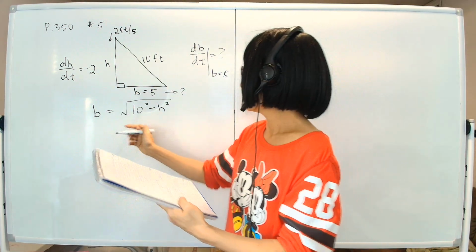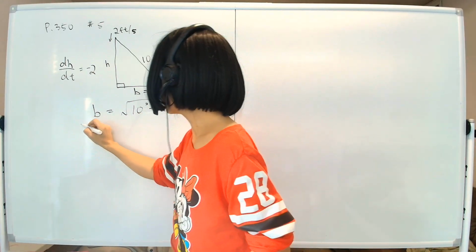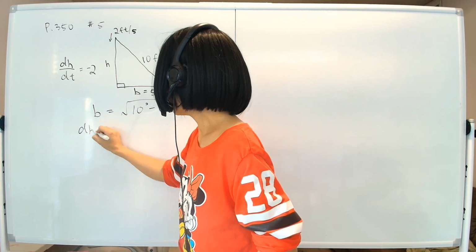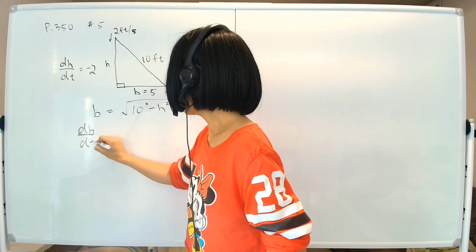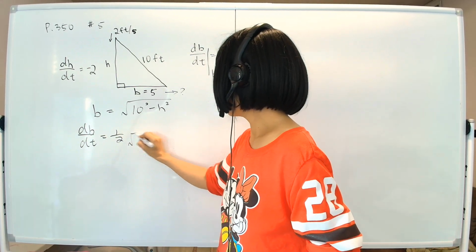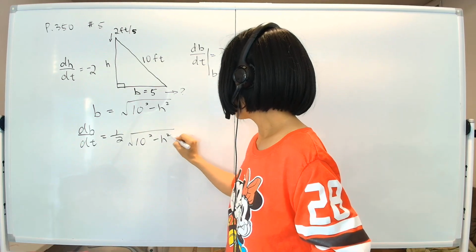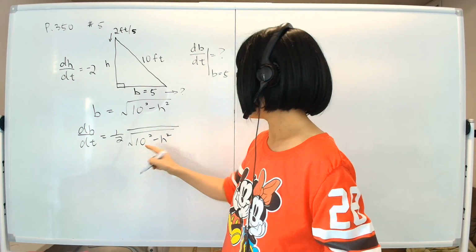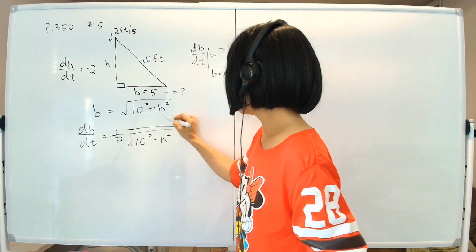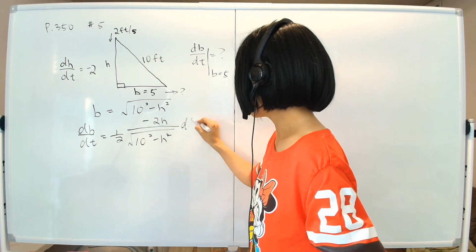And then we take the derivative with respect to t. So db by dt equals 1/2, and the square root goes on the bottom. Then take the derivative of the inside by the chain rule, which is minus 2h times dh by dt.